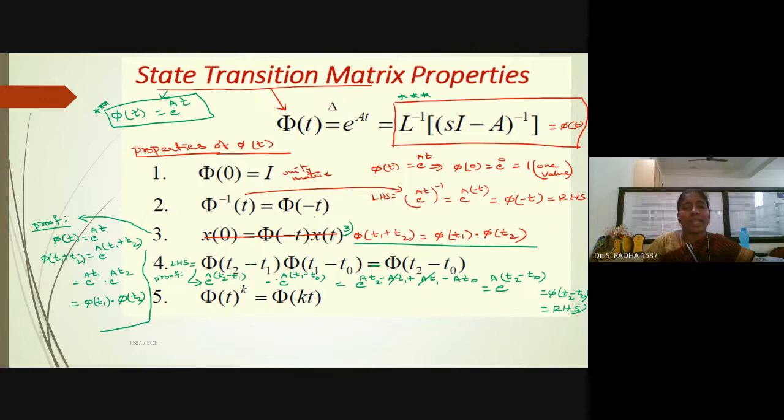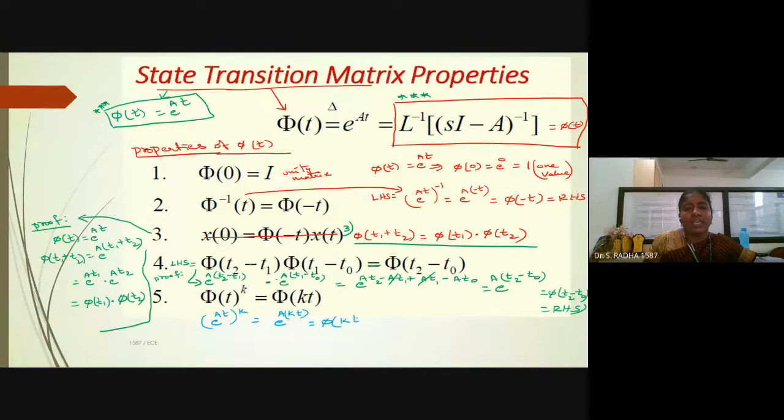All the black color ones are the properties. Additionally, I am writing the proofs in green and red color. And the last property, phi of t whole power k equal to phi of kt. So phi of t means e power at, and whole power k you can do, and then e power a into kt you can combine. Now in the place of t we have kt.